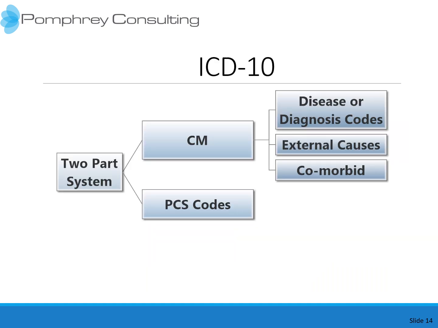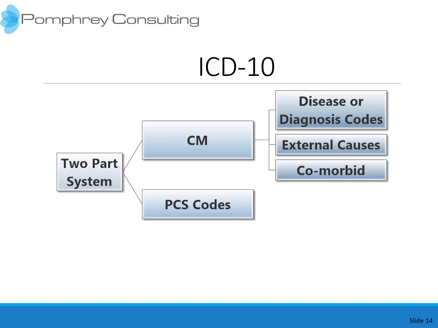Now, to review, when we talk about the entire spectrum of coding, we have mainly been focusing on the CM part, which is the diagnosis part. The other part is going to be the PCS codes, which are your procedure codes. So I mentioned you should have an ICD-10 code book.